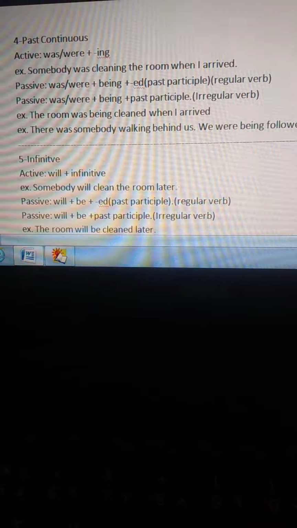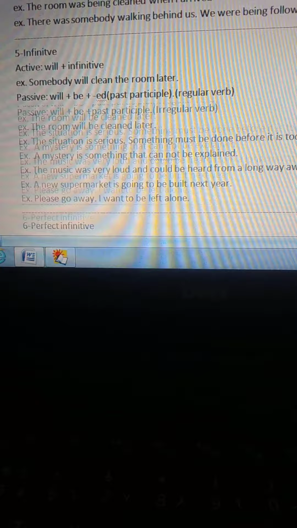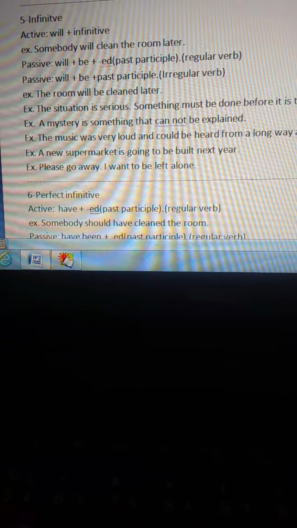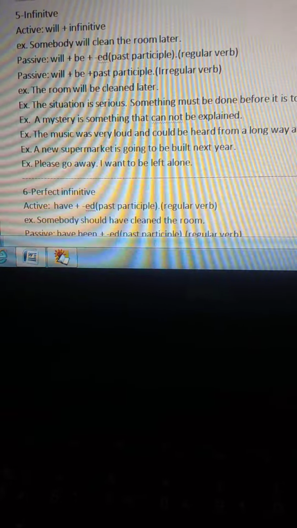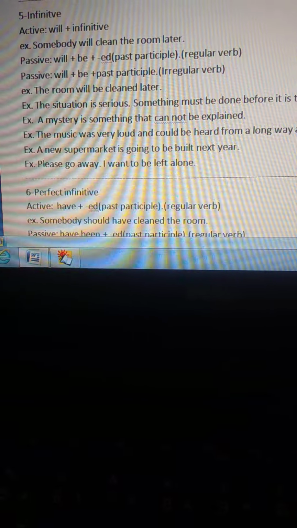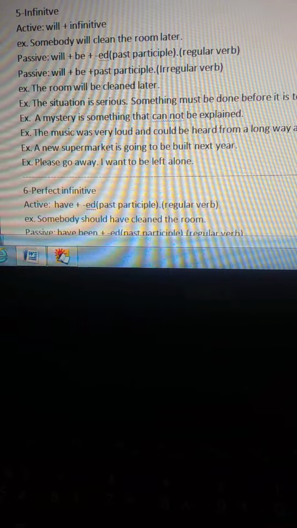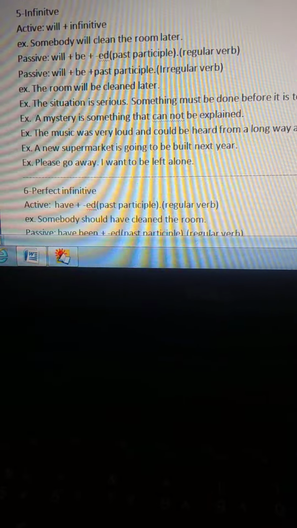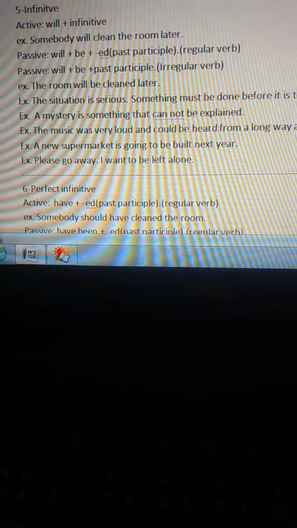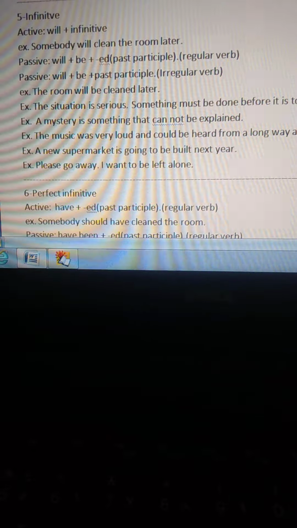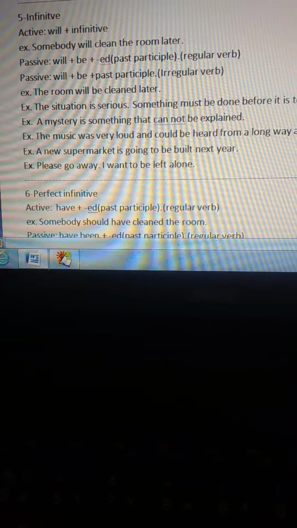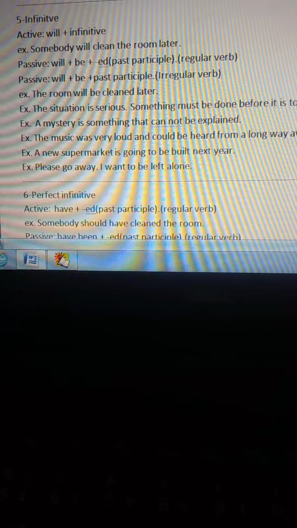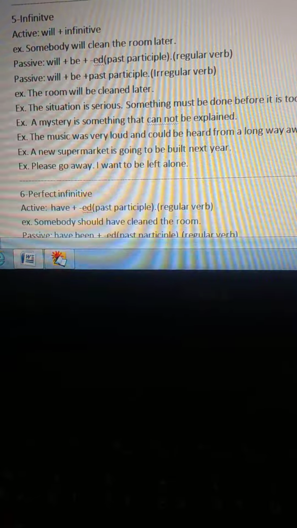Number 5, infinitive. Active: will plus infinitive. Example: somebody will clean the room later. Passive: will plus be plus past participle, regular and irregular verbs.